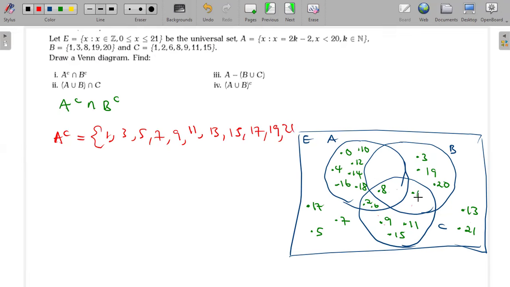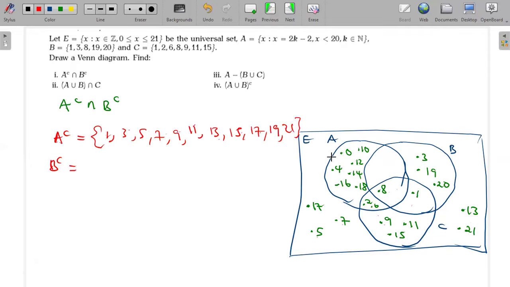Okay, so we have 1, 2, 3, 4, 5, 6, 7, 8, 9, 10, 11, 12 elements. So these here are going to be in A complement, and then B complement.